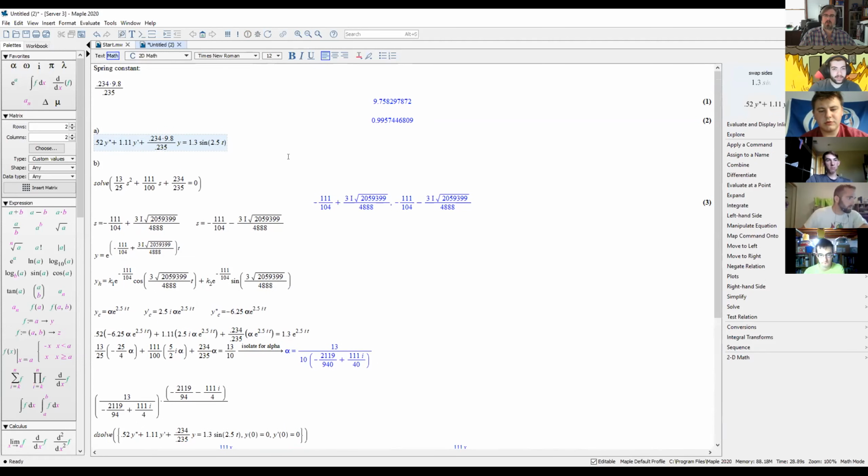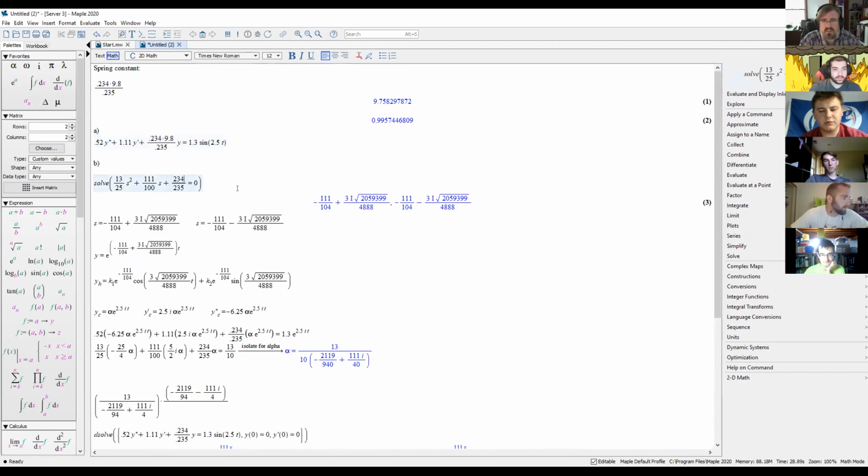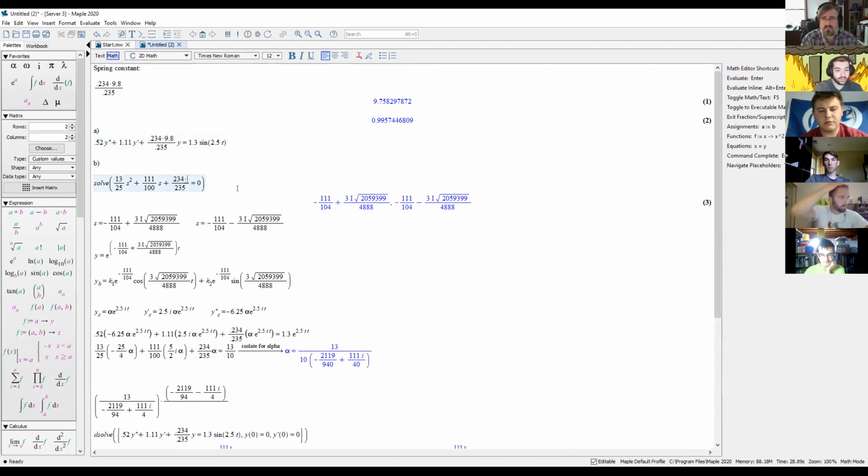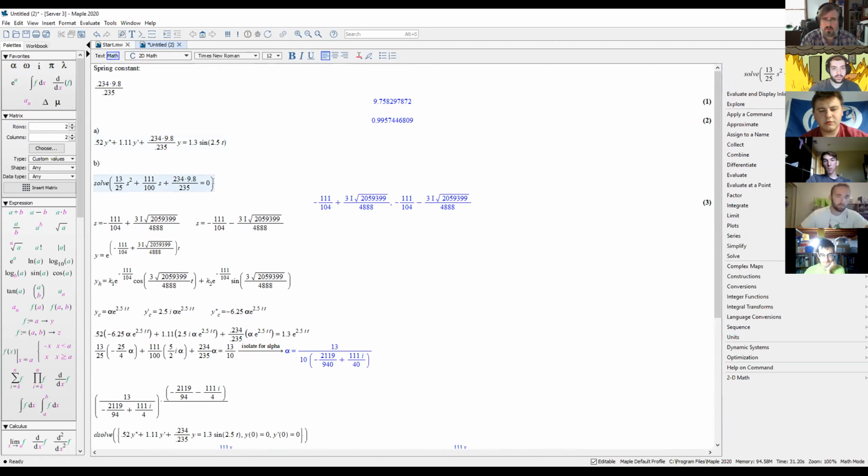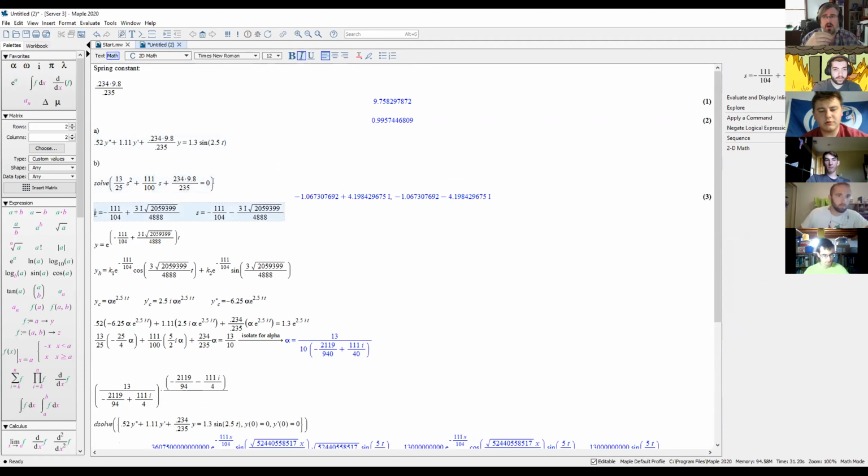So this came up a couple of times for a couple of teams in the investigation. If you're given the opportunity to use exact values and not do rounding, don't do rounding. Think of it this way: it's like in a chemistry class or a physics class, you don't actually plug in the numbers until the very end of the problem.